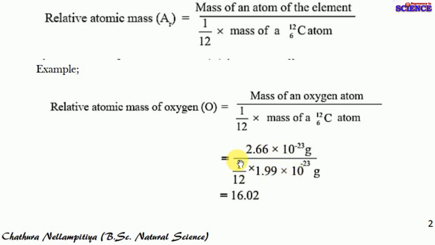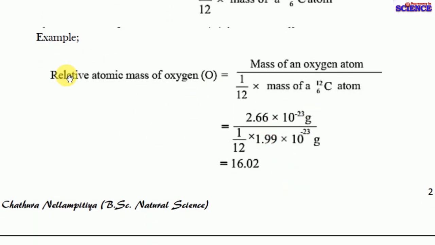Get the understanding. Now you measure how many units of mass that oxygen is made of. Those units are not in grams, they are atomic mass units. So how many atomic mass units are there? There are 16 atomic mass units. They will be the sum of protons and neutrons. See that? Very easy to understand.